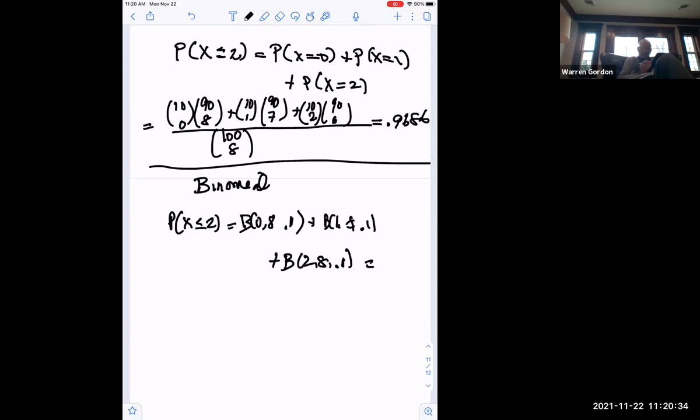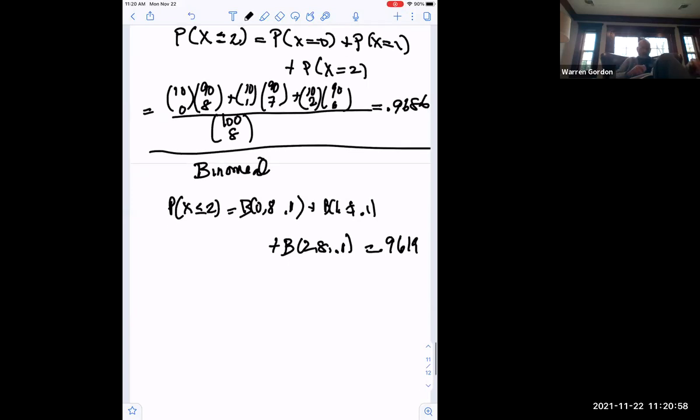And this turned out to be 0.9619. So now let me make my point. My point is, if there are a lot of marbles in the urn, even though we're drawing with or without replacement, the fact that there are a lot of marbles, the difference is insignificant. We could approximate the problem by a binomial.